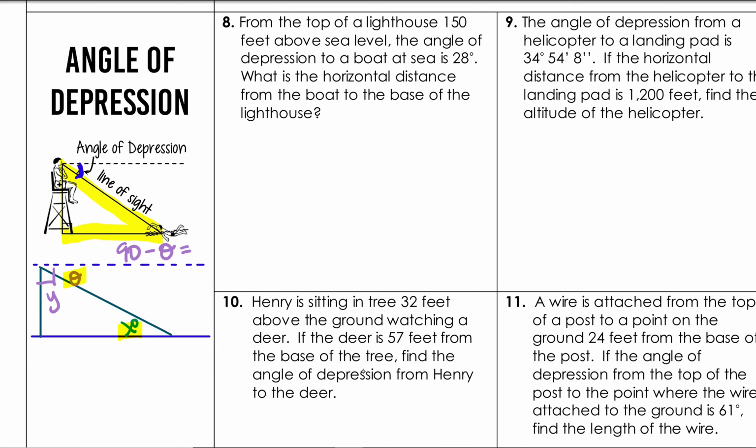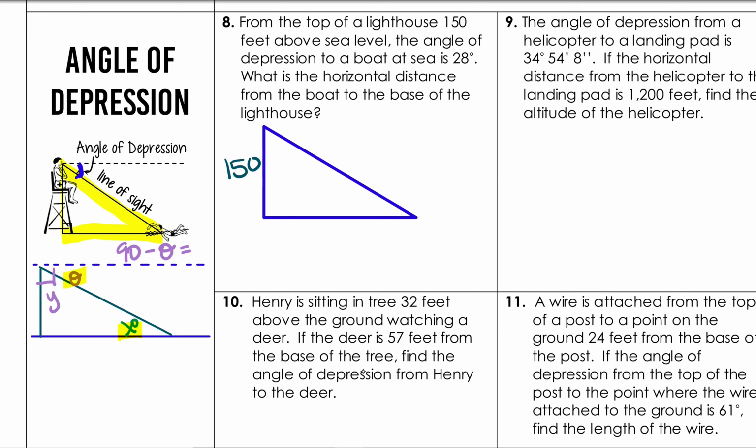From the top of a lighthouse 150 feet above sea level, the angle of depression to a boat at sea is 28 degrees. What is the horizontal distance? So here we have our lighthouse. So it says the lighthouse is 150 feet above sea level.